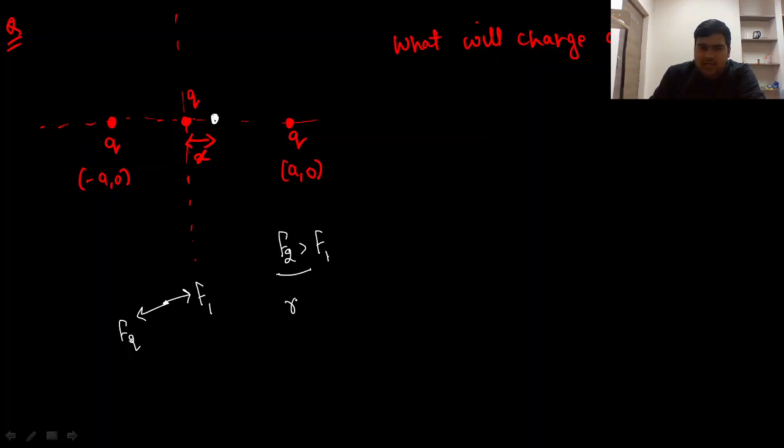Because R2, which is a minus x, is less than R1. So when I shift it over here, it will experience a net force in this direction, so it will try to go to this side. When it comes over here, this force will become dominant and exert a net force over here. So it will try to do an oscillatory motion.